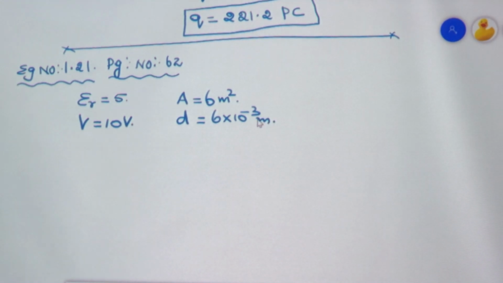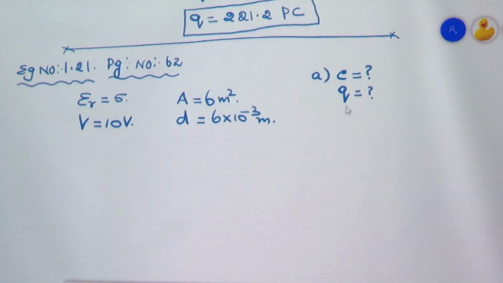What are the questions asked? Option A: find the capacitance and stored charge. Find the capacitance means what is the value of the capacitance, and what is the value of the stored charge.